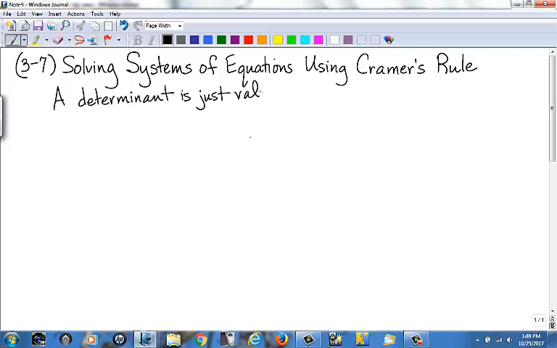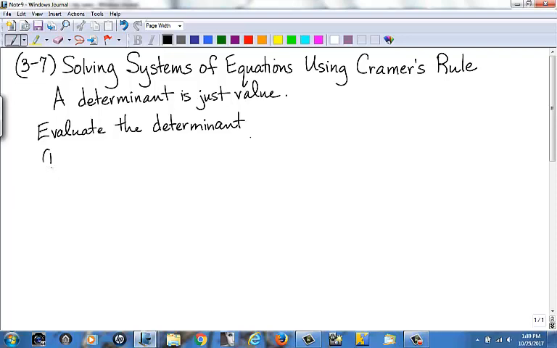So it's a number, and it's usually associated with what they call a square matrix, like 2 by 2s, 3 by 3s. They're a square matrix, so it's just a value. And they will give you problems that say evaluate the determinant, or sometimes they just say evaluate.